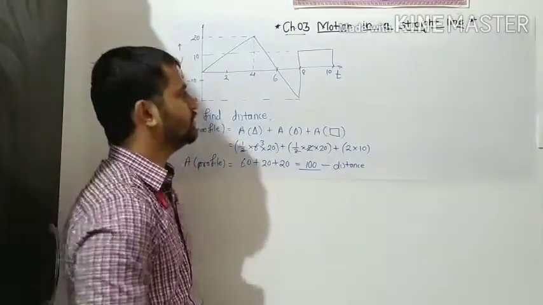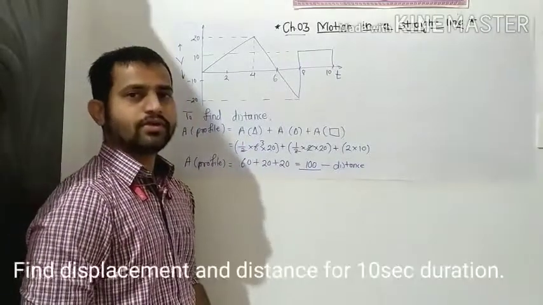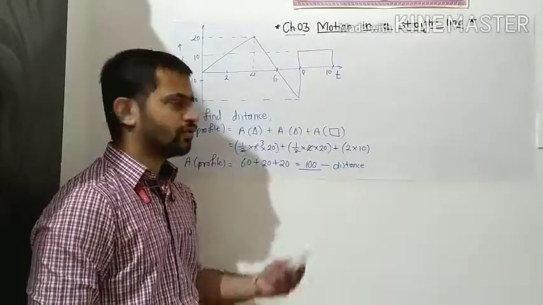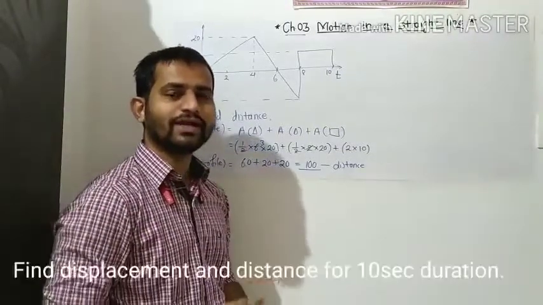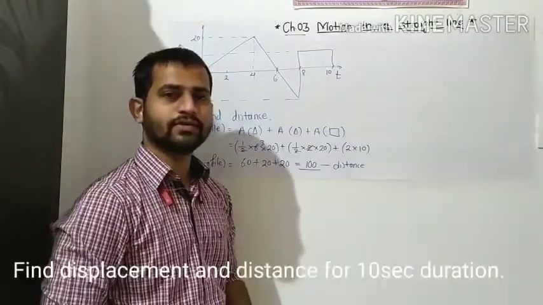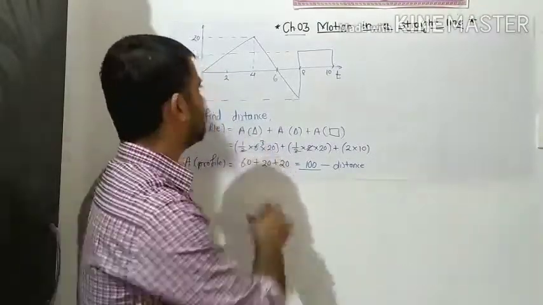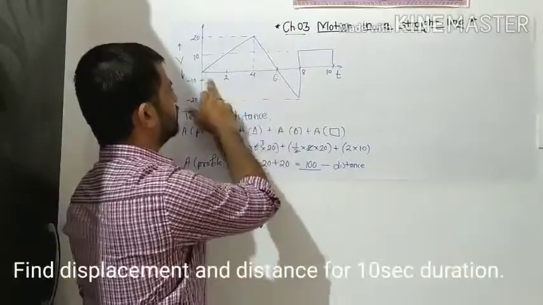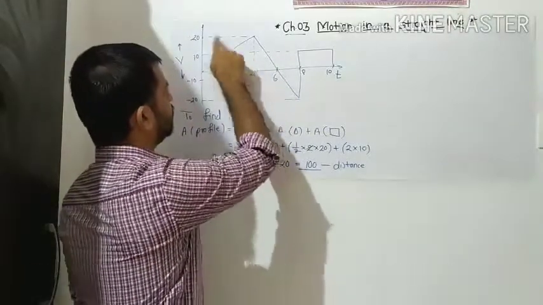Without considering the signs of the velocity, we have to consider the distance, because distance is always positive and doesn't follow any sign conventions. Accordingly we consider the area of this first triangle: base is 6, height is 20.